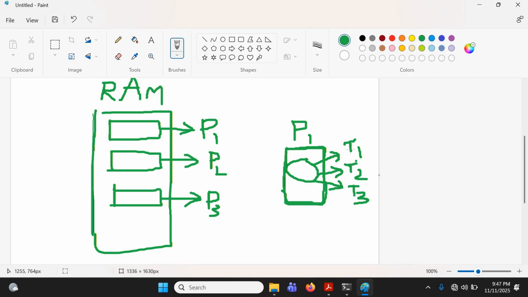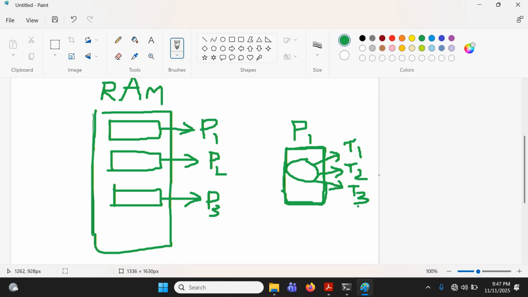What does thread mean in this case? A thread is a subprocess. That means it is a part of the process to accomplish a subtask. But the difference between process and thread is that for each process, different memory is allocated in main memory, whereas all the threads available in a process share common memory.